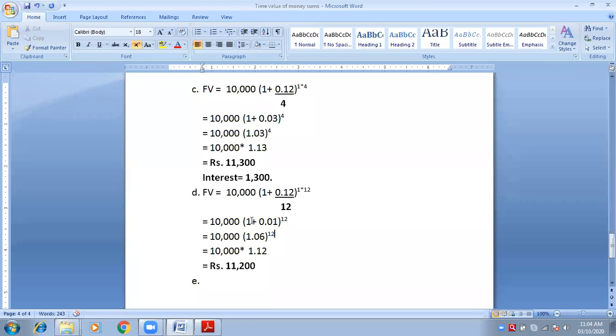What is inside the bracket? 1 plus 0.01. So what is the answer? 1.01. 1.01 raised to 12. So start using the calci. Go on with me. 1.01 into 1.01 equals to whatever is the answer on the screen.